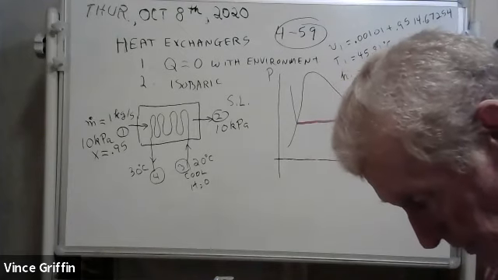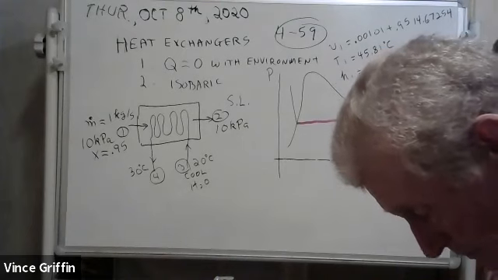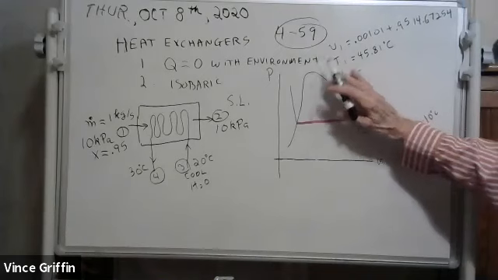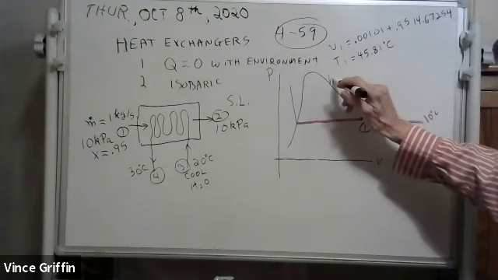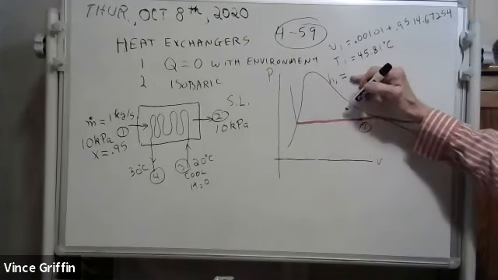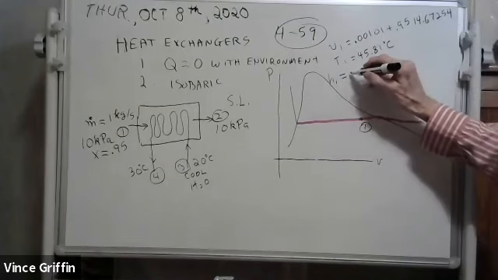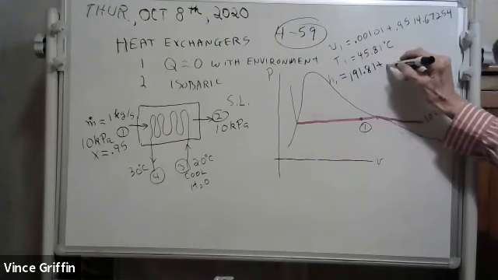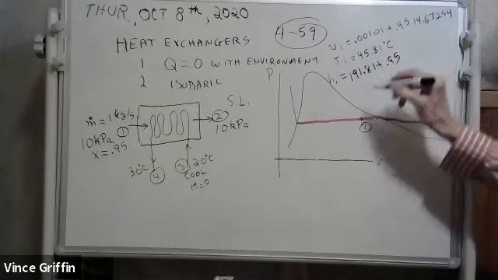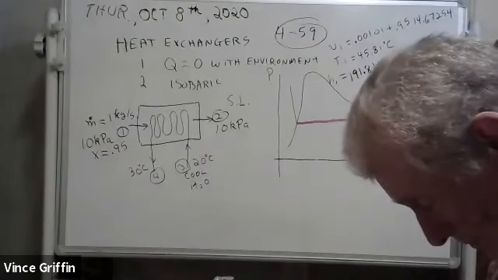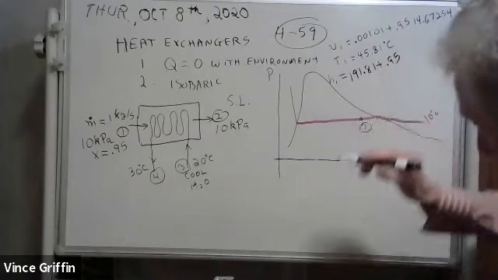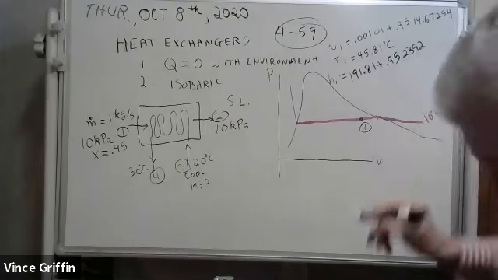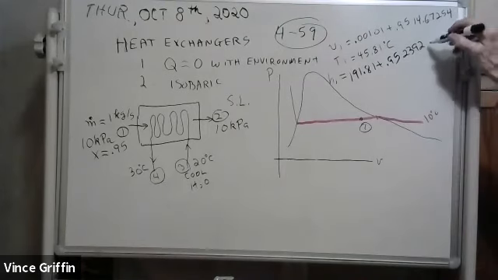The H1 is going to be, maybe I need to scoot that over just a hair here. H1 is going to be 191.81 plus 0.95 times 2392.82.